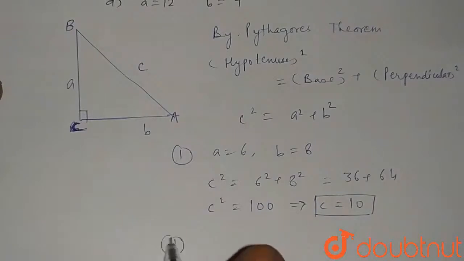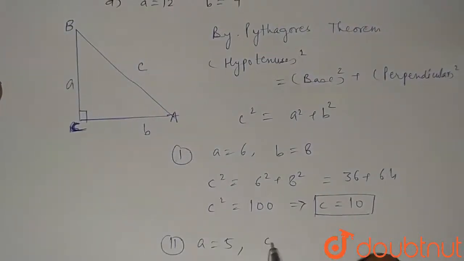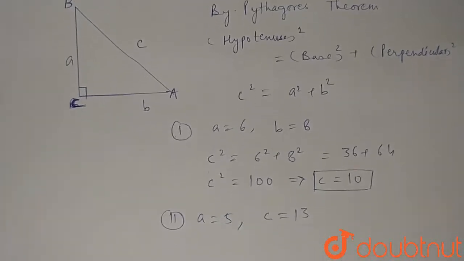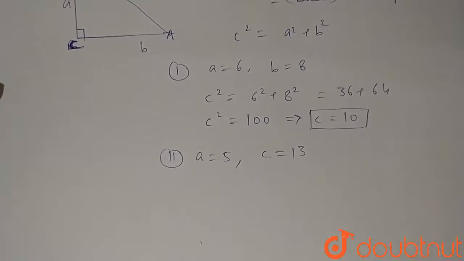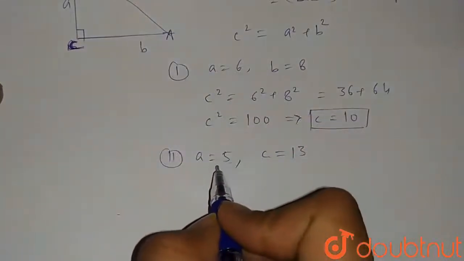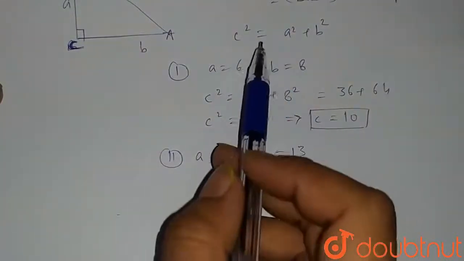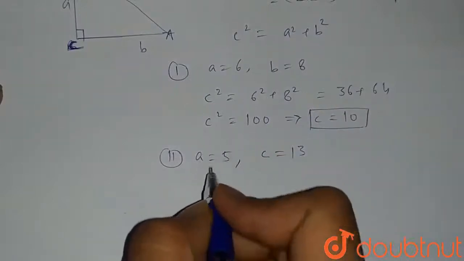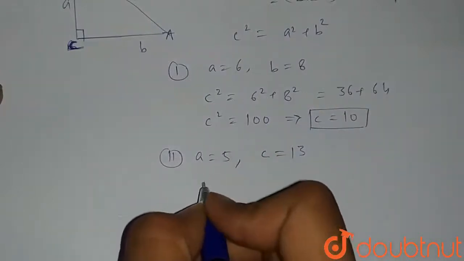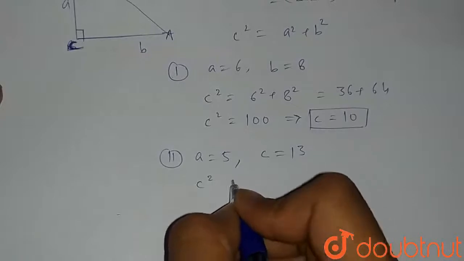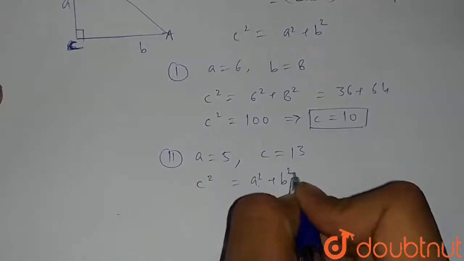Now the second case is A is equal to 5 and C is equal to 13. Now plugging in the values of A and C in this equation, C square is equal to A square plus B square.